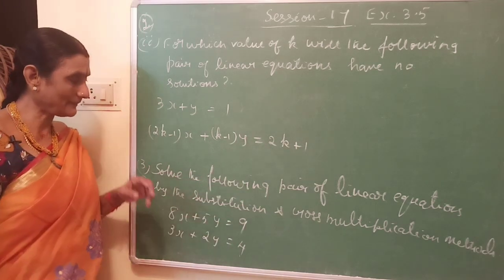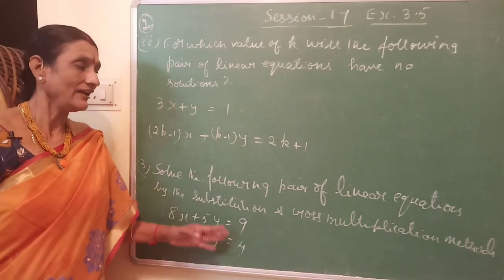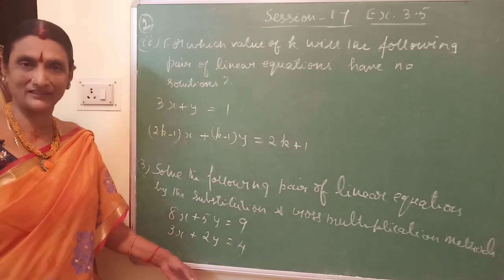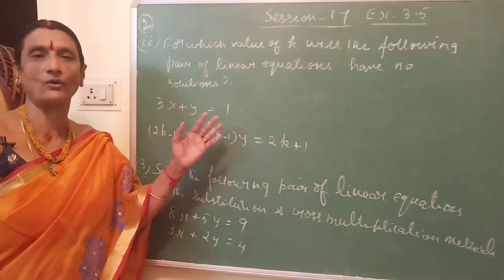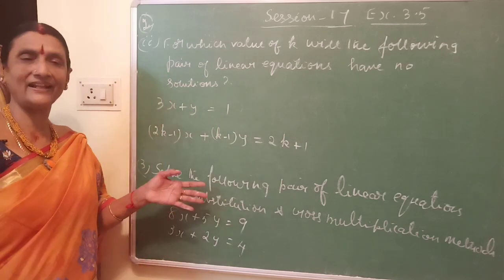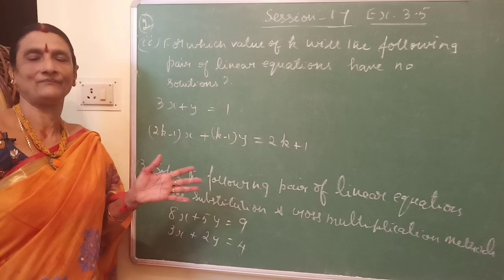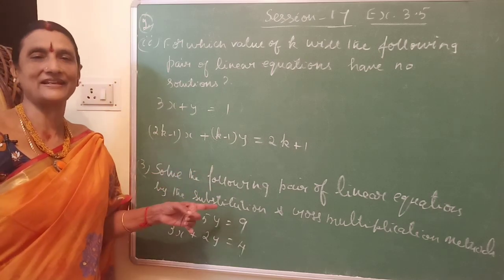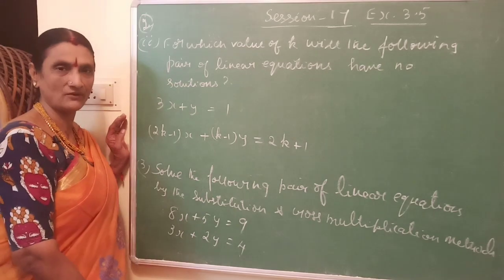Here the method is mentioned. You have to do first by substitution method, then by cross multiplication method, by writing all this a1, a2 and then cross multiplication, all these arrow marks must be definitely there, and what x is equal to, what y is equal to should be definitely written. Only then you won't make mistakes. So you have to write and then find the values of x and y.